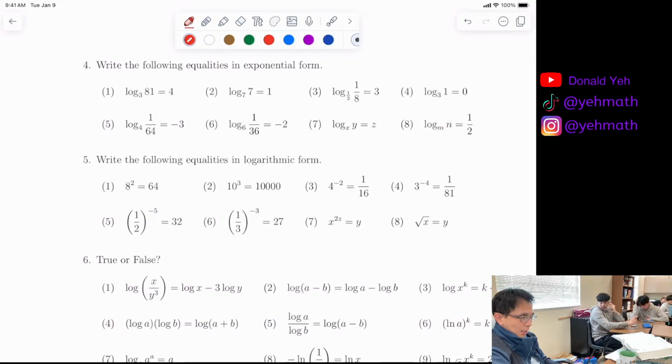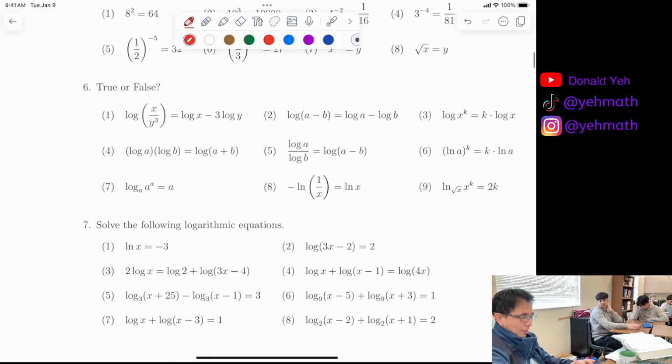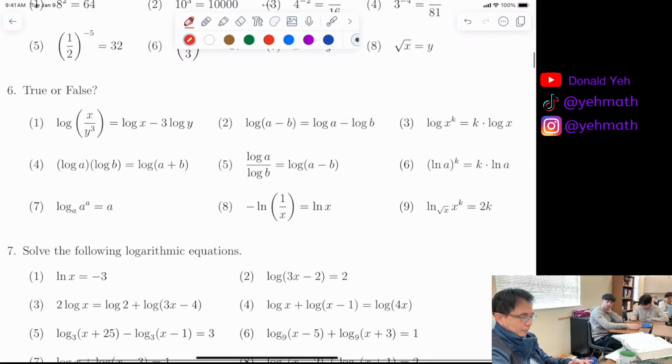So, okay, let's talk about true and false. The first one, true or false? True, true, true. Anybody says false? First one's true. The second one, true or false? False.